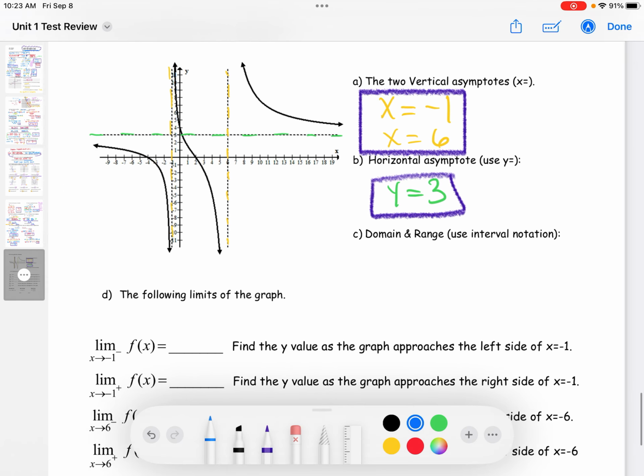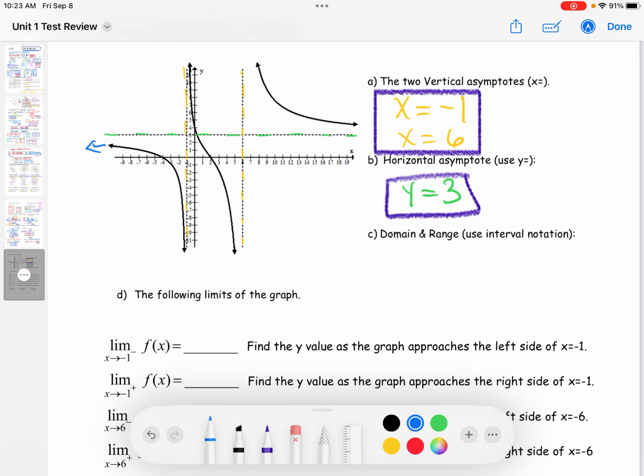Okay. Domain and range, start on the left. This arrow goes to negative infinity, and it goes up to that vertical asymptote, but doesn't touch it. So then it starts over again at the vertical asymptote, and it goes to the next vertical asymptote at 6. Then it starts over again on the other side of 6, and it goes to infinity.